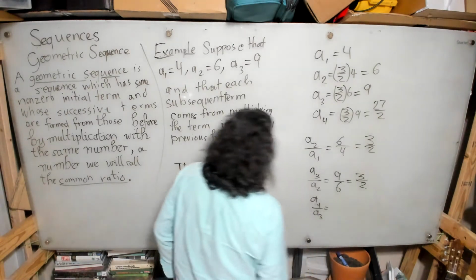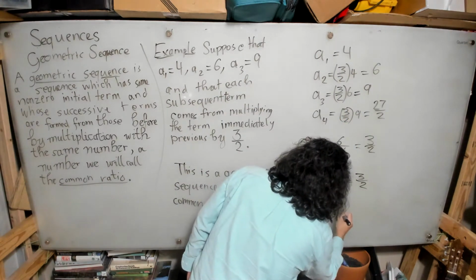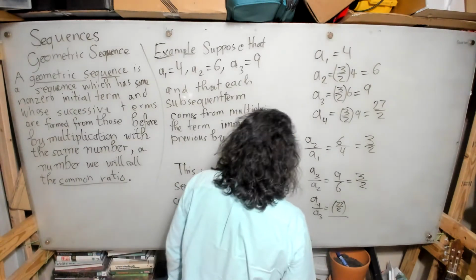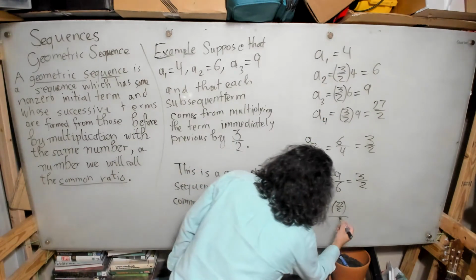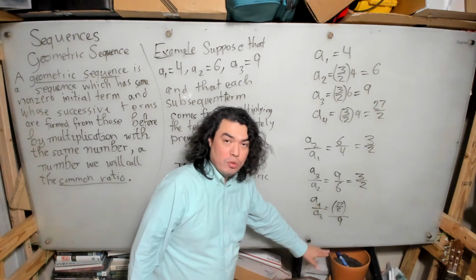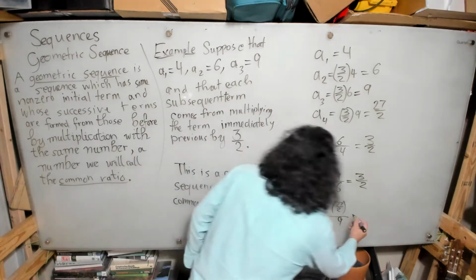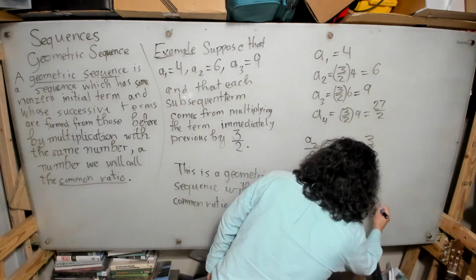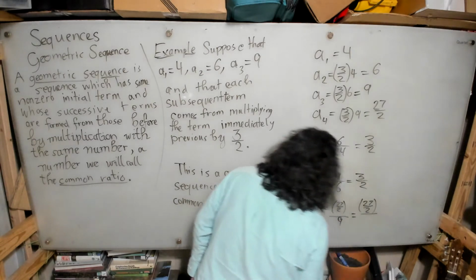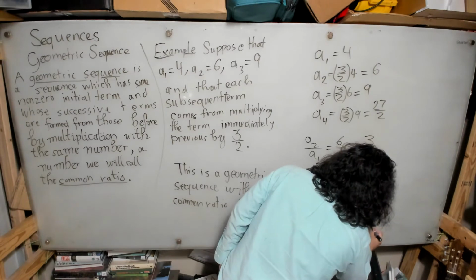And what happens if I do A4 divided by A3? Well, we will get 27 divided by 2, right? Divided by A3, which is 9. So now we're dividing a fraction by a whole number. We can't do that, but we can make the whole number in the denominator a fraction, again, by setting it as the numerator and 1 as the denominator. So for example, I can replace this as 27 over 2 divided by the fraction 9 over 1.